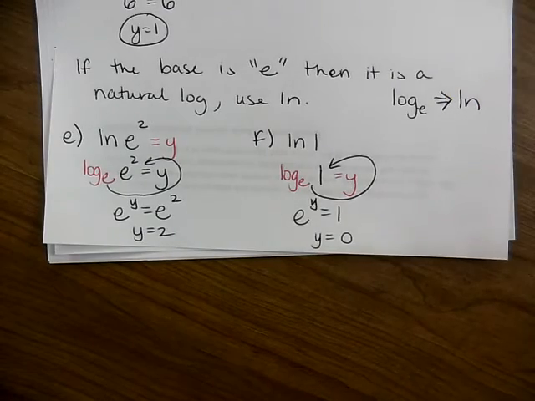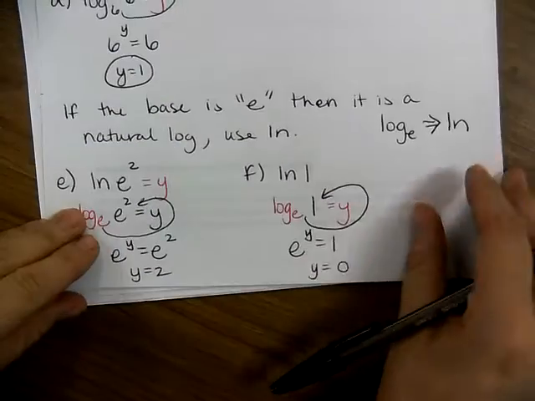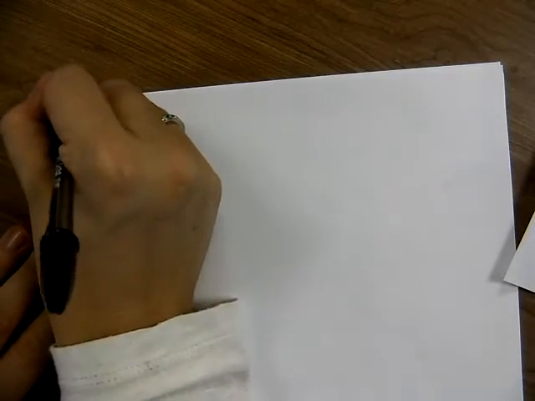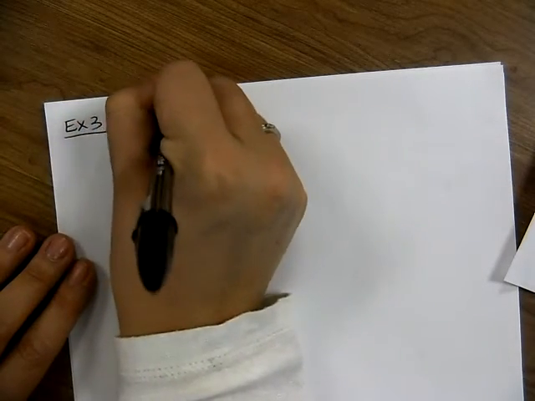Okay, moving on. We're going to keep doing some calculator work here. We're just going to evaluate in the calculator now with log and natural log. So this is example 3, and we'll just say evaluate with your calculator.